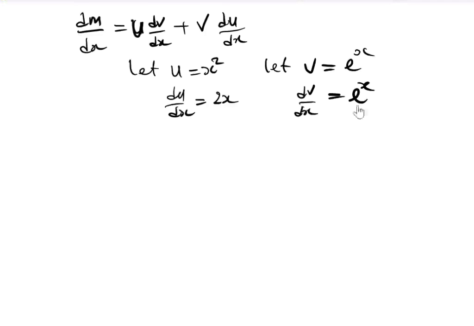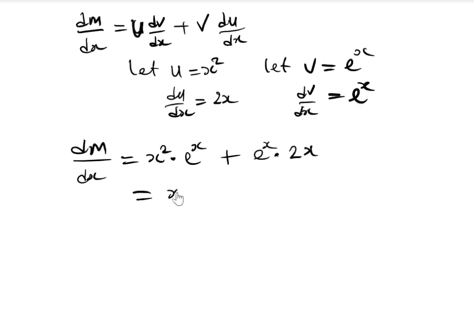Substituting this into this equation, we have that dm/dx is equal to u, which is x squared, times dv/dx, which is exponential x, plus v, which is exponential x, times du/dx, which is 2x.